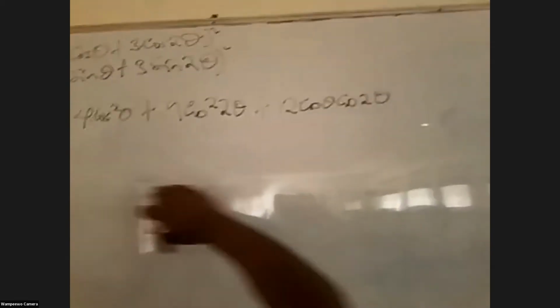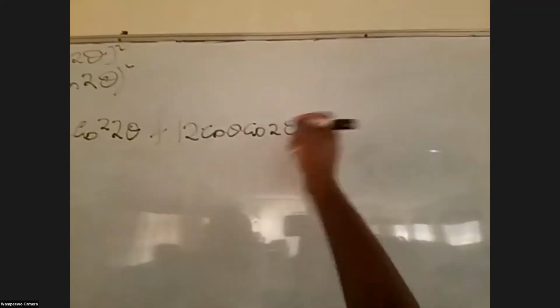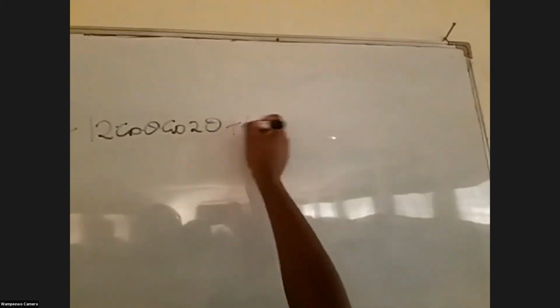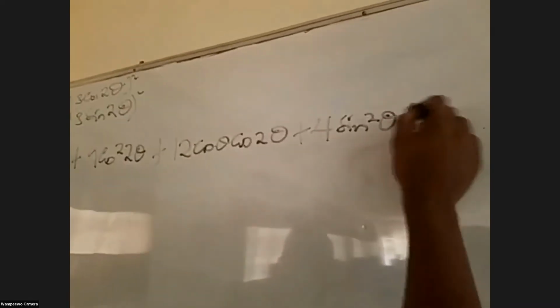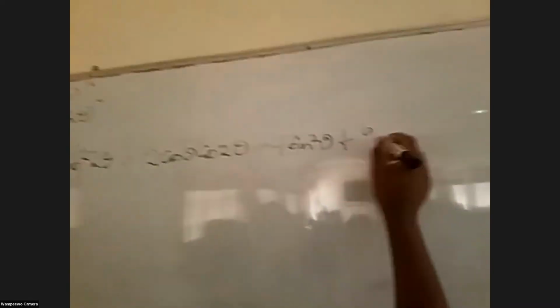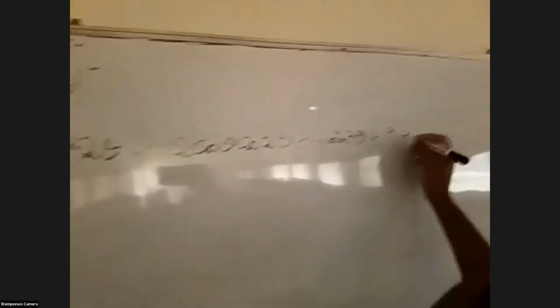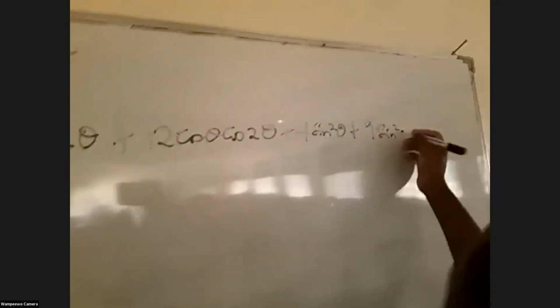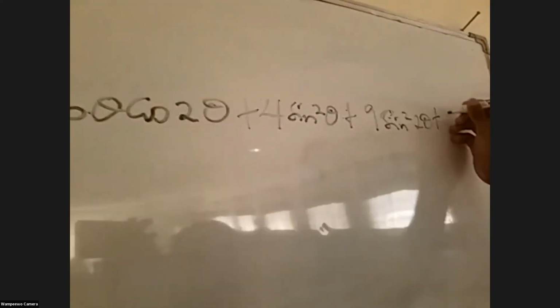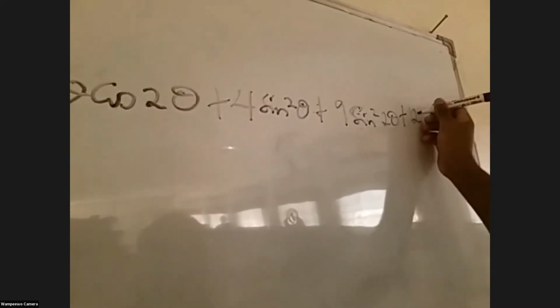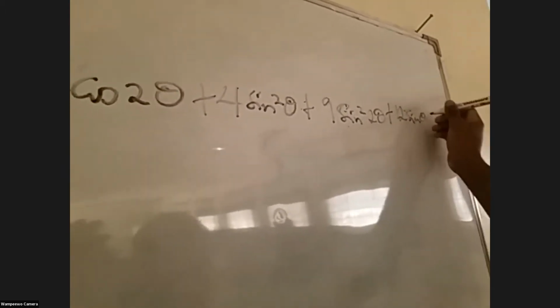So I'm adding plus 4 sine squared theta plus 9 sine squared 2 theta plus 12 sine theta sine 2 theta.